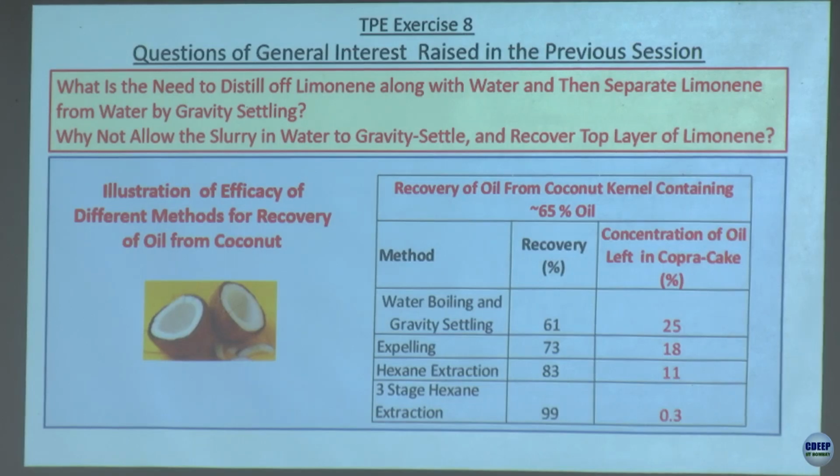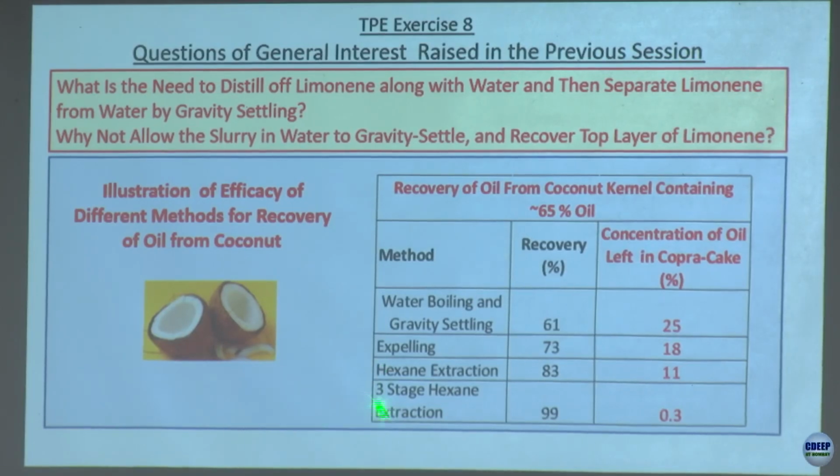In fact, in the solvent extraction industry, you would have falling film evaporators in which, in the final stage, steam is used to desolventize the oil because the residual hexane has to be removed. Otherwise, the closed cup flash point is below your normal room temperature. So it becomes dangerous also.